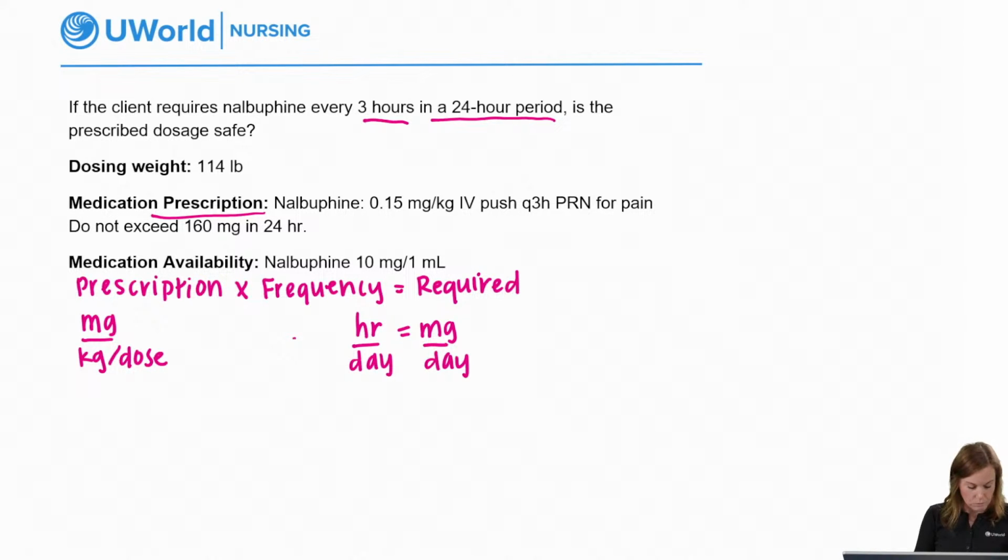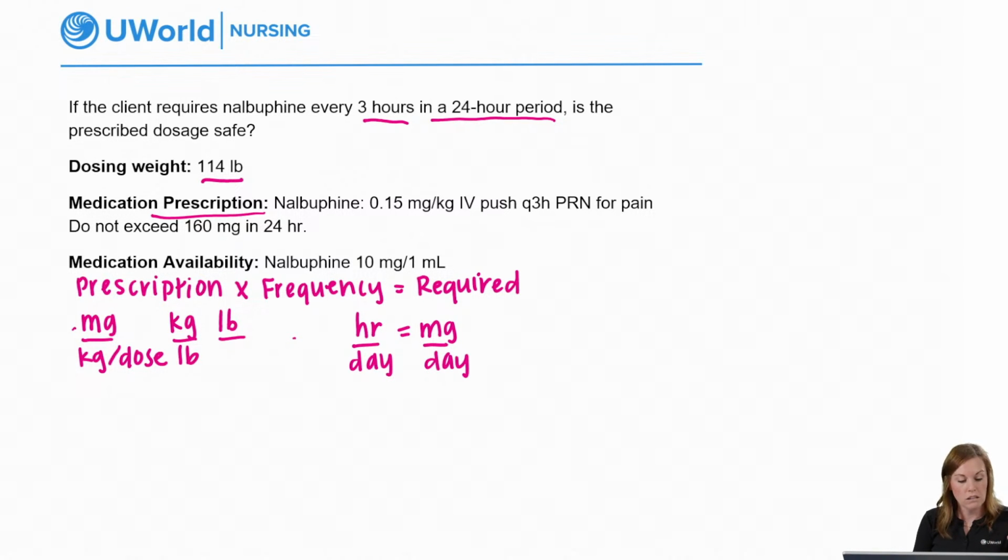Okay, so again, same idea we've been doing this whole time. We're using dimensional analysis. This is a weight-based medication, so we have to incorporate weight into the dosing. We know our client is weighed in pounds. We need to convert them to kilograms. We know kilograms and pounds communicate very nicely, so we're going to make that change. So we've got all of that in.